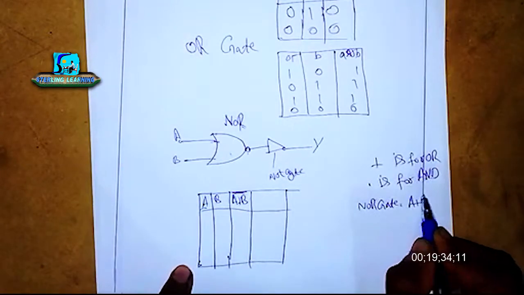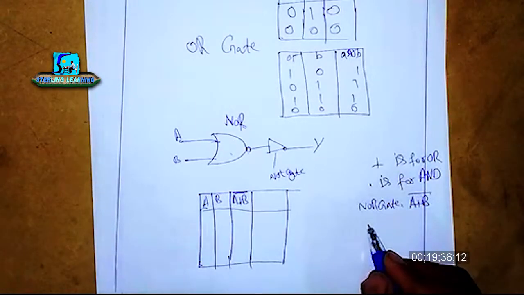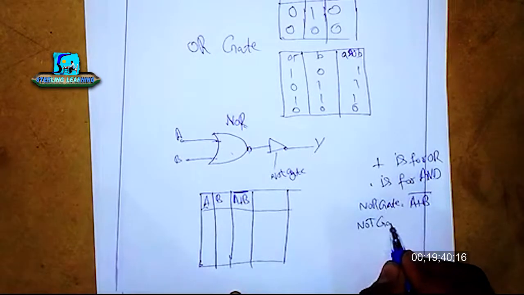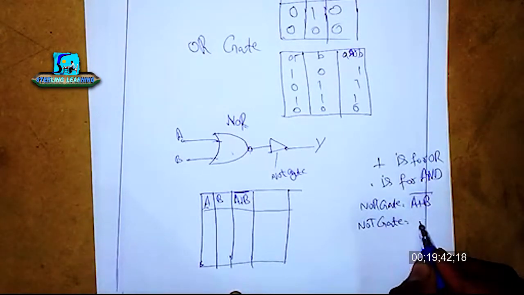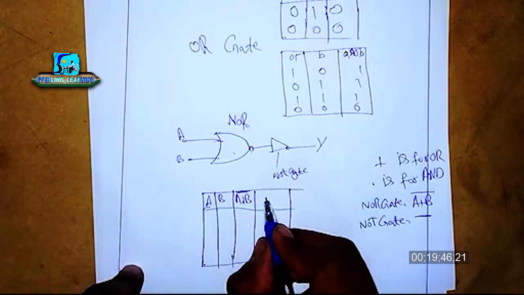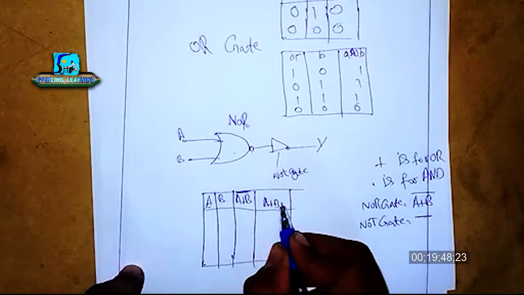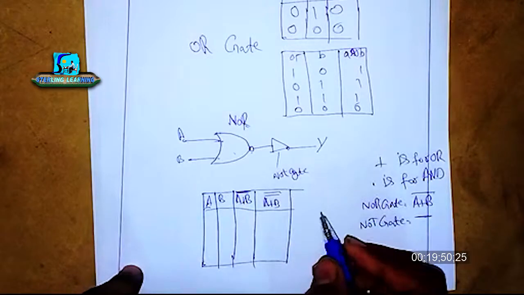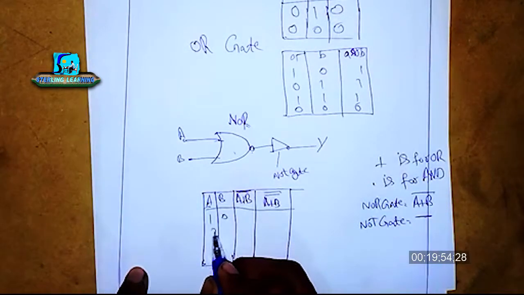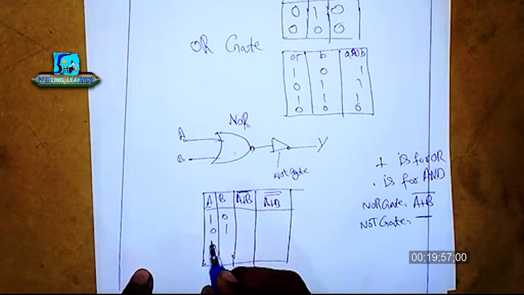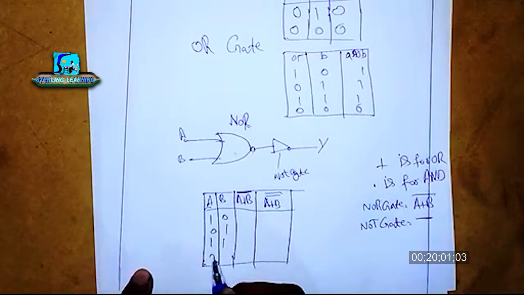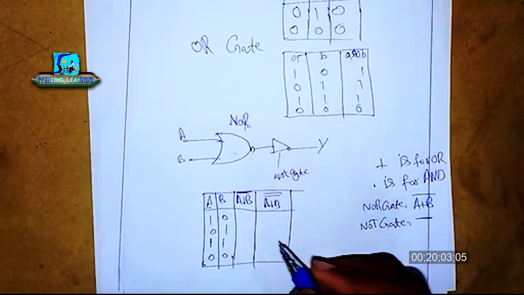A plus B bar, and NOT gate is simple bar. So A plus B bar and bar will give 1 0 0 1 1 1 0 0.